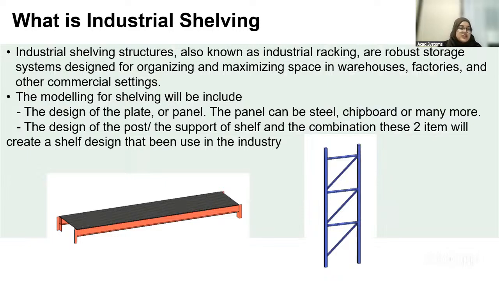This industrial shelving or rack is designed to organize and maximize the space in warehouses, factories, or any commercial building, right? So usually you can find this shelving in your factories and warehouses, where it stores the warehouse items.